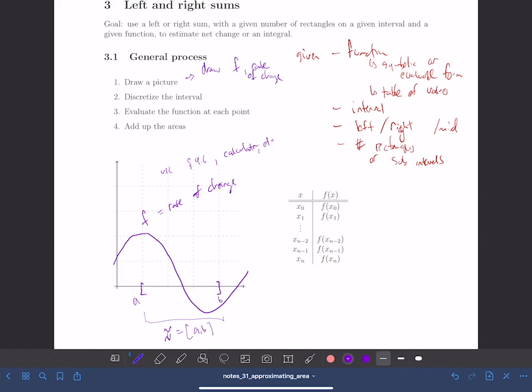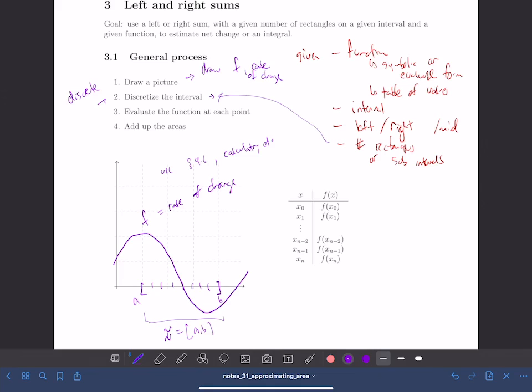It's going to be the interval from A to B. We're going to discretize it, discretizing into discrete pieces or distinct sub-pieces. How many? You would have the number of rectangles. And so we're going to break this up into something like that.